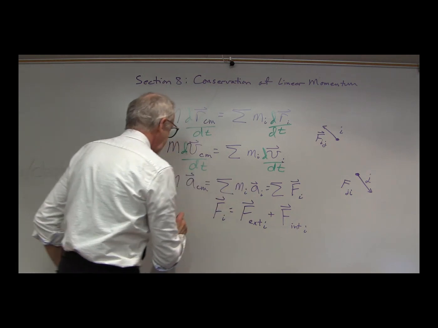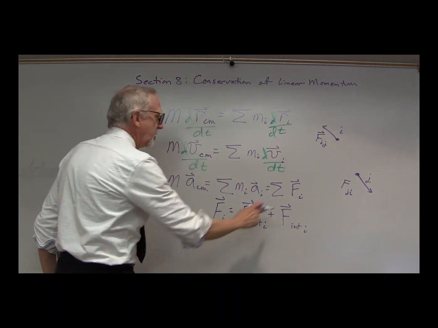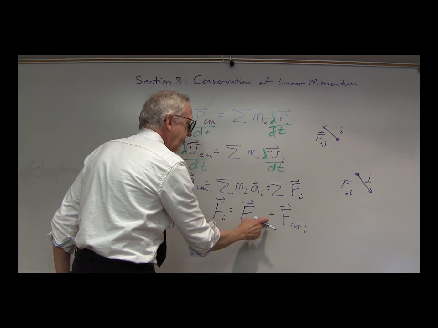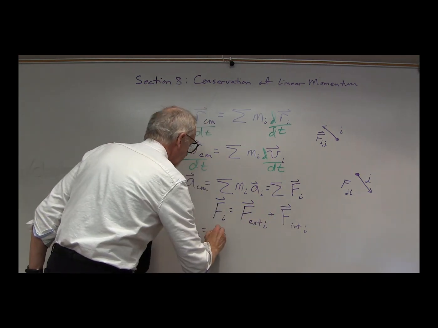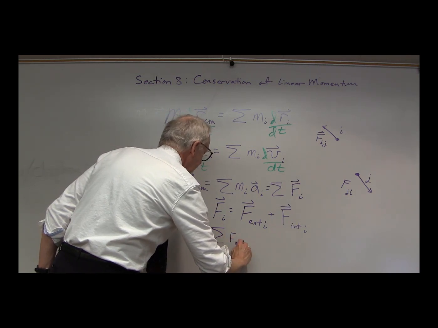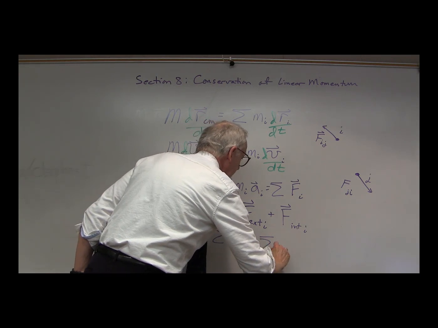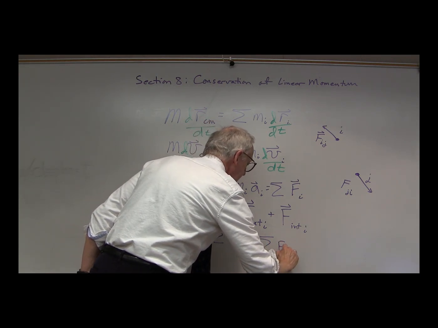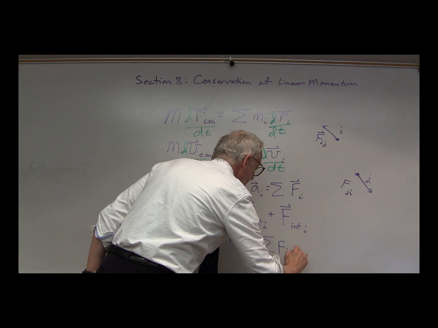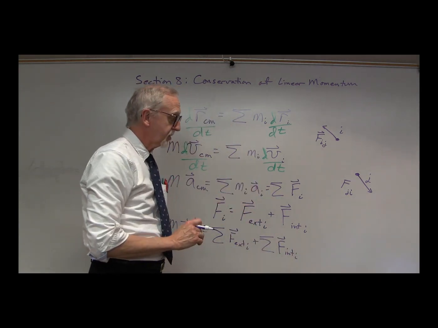So this m a_cm must equal the sum of all the external forces and the sum of all the internal forces. So this is going to be the sum of all of the external forces acting on i plus the sum of all of the internal forces acting on i, and then summed over all of the particles.